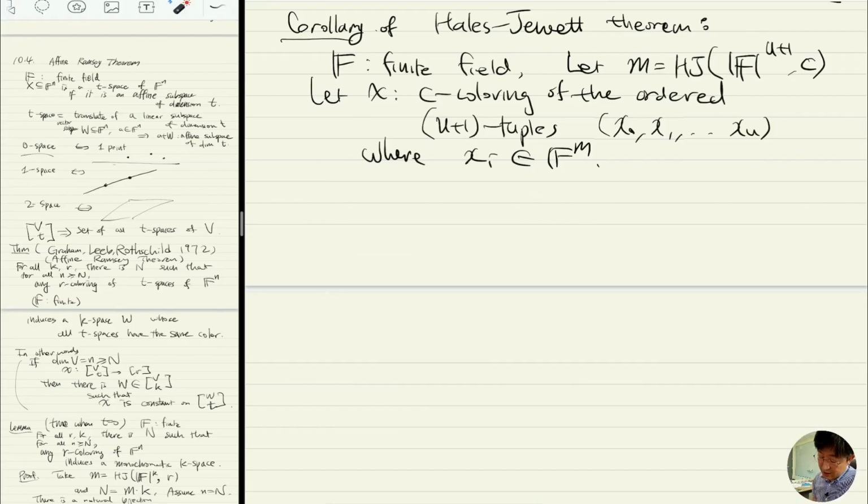If these U plus 1 points are not degenerate, then they will span a U space.